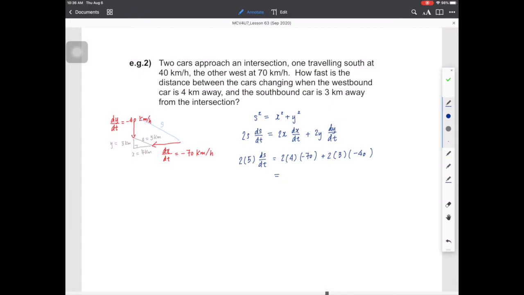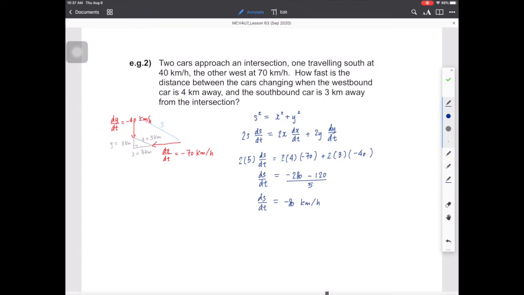I'm just going to cancel the 2's, it's too redundant. Okay. And then I have negative 280 minus 120, and then ds by dt all over 5. Negative 400 divided by 5 is negative 80 kilometers per hour.